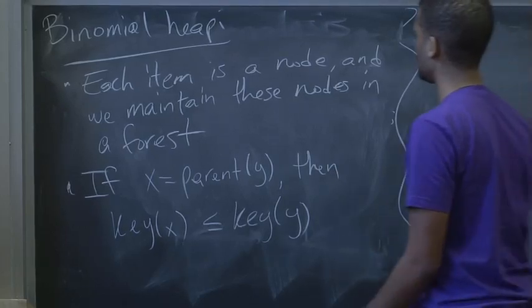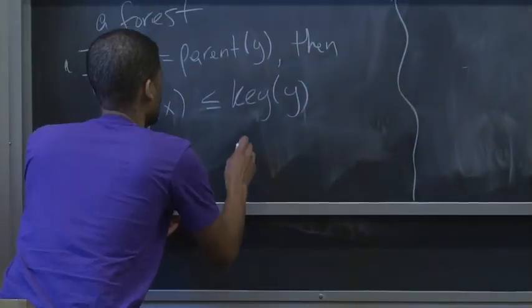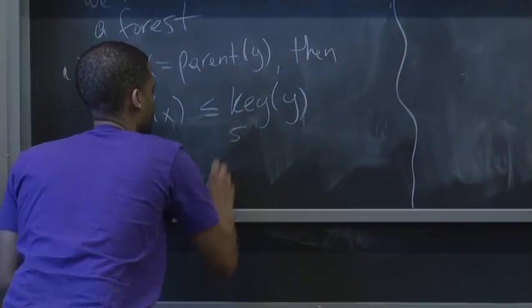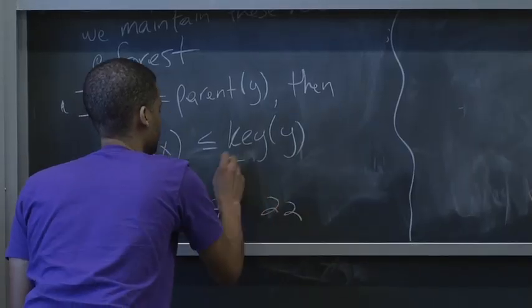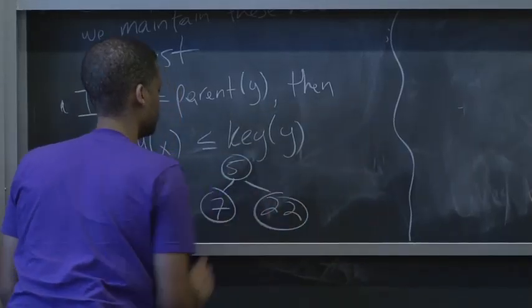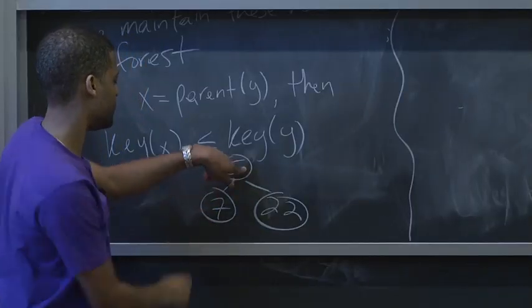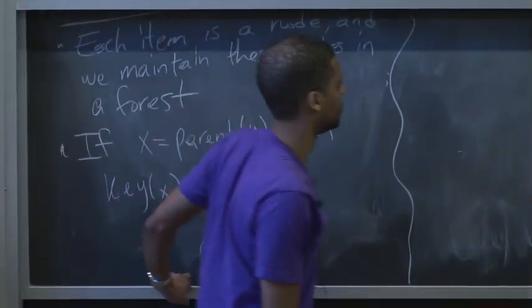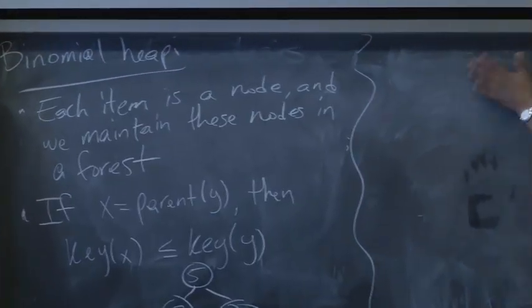For example, you could have 5, 7, 22, but you couldn't have a 7 up here and a 5 below it.